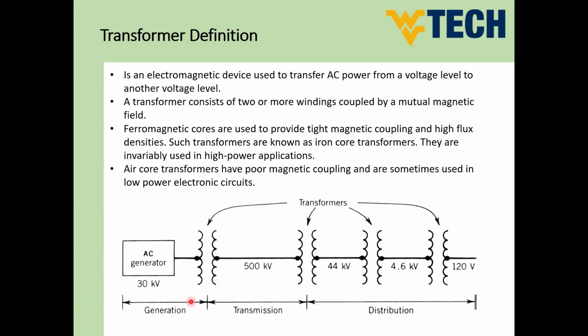Then we transmit the power to another location. Most probably this is going to be a long distance. It could be hundreds of miles. And after that, we have what's called the distribution network. The distribution network, guys, distributes the power between loads. What are the different types of loads?